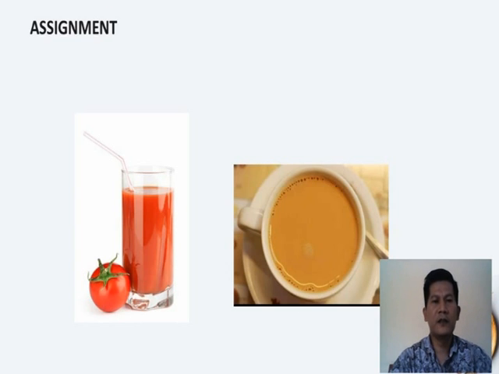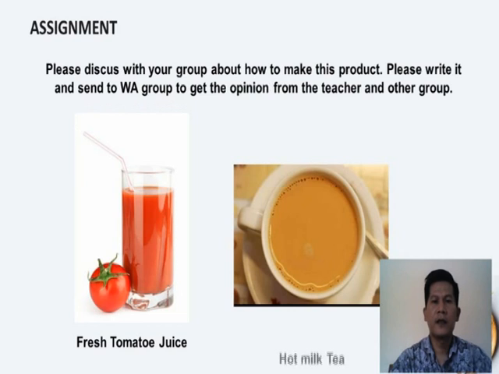If you think your written text is good, you can try to make a good video recording about the text that you have made before. Please prepare all the material, all the tools and the steps about making it, and then try to make a video recording about it.